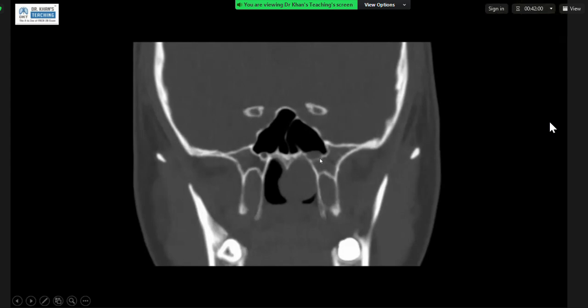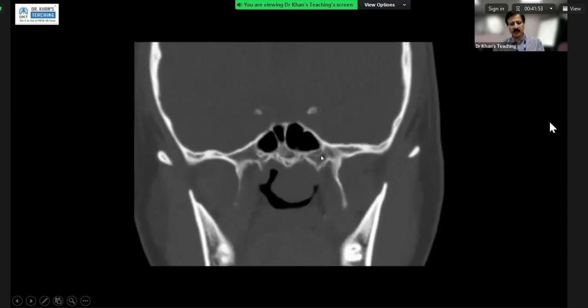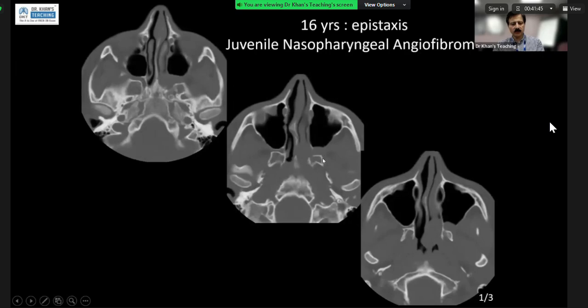There is expansion. Excellent. So this tumor and widening of the left Vidian canal. Excellent. So this tumor is going into the Vidian canal. And this is the pterygopalatine fossa.